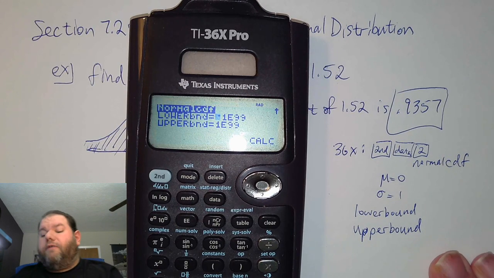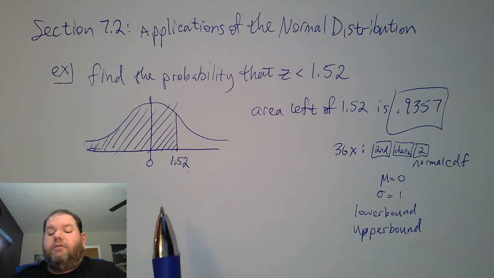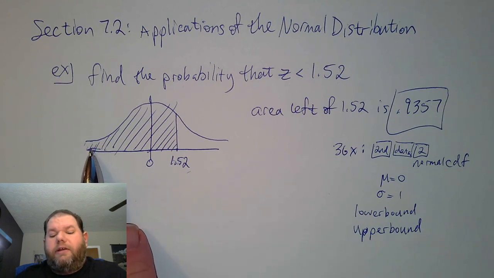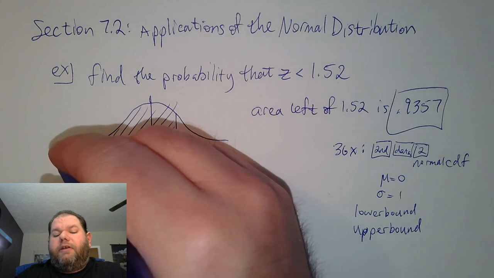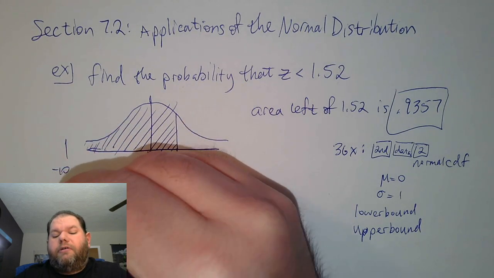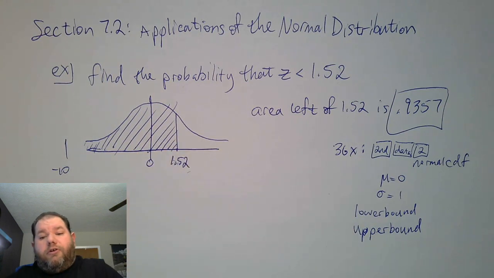Okay, now for the lower bound, what I would recommend is we know the graph continues all the way, it just keeps going because it's open-ended on this side. But I would say we would use -10 as a lower boundary. We could actually use a smaller number than that, but by the time we get to -10, we already have like 8 or 9 places of accuracy after the decimal, so it's not a big deal.